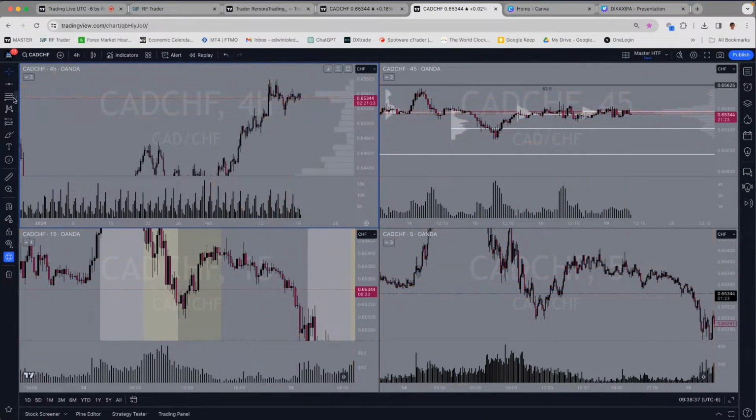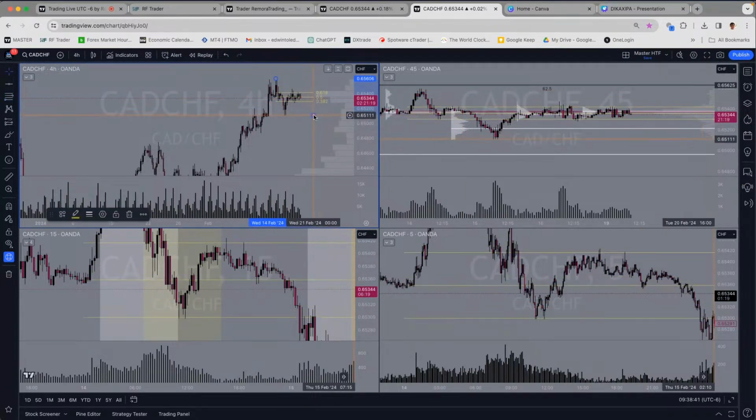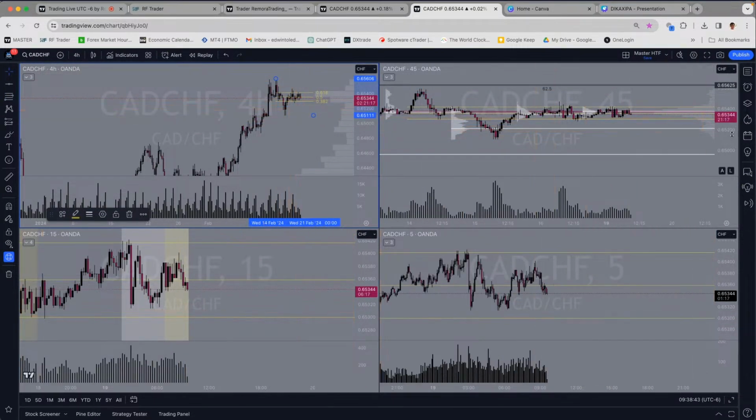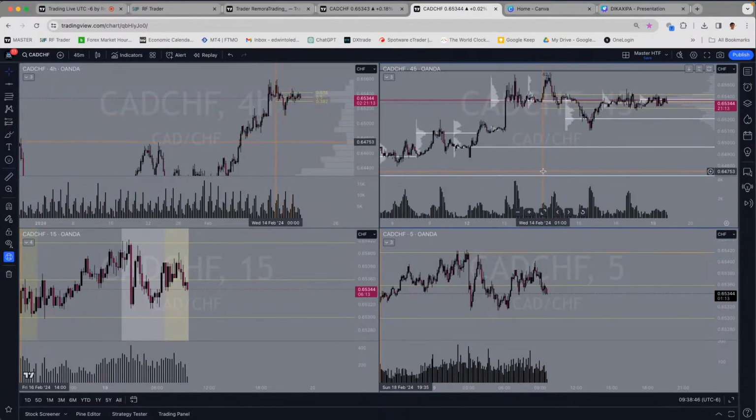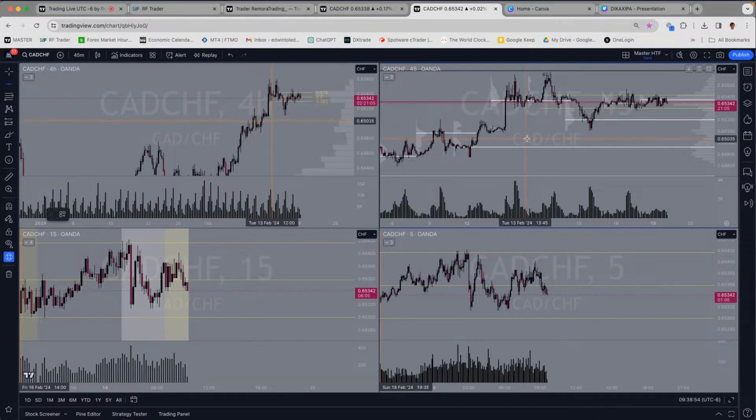This was a lower low. Let me draw a little Fibonacci for M. 0.618, guys. I'm being tempted. 65.312.